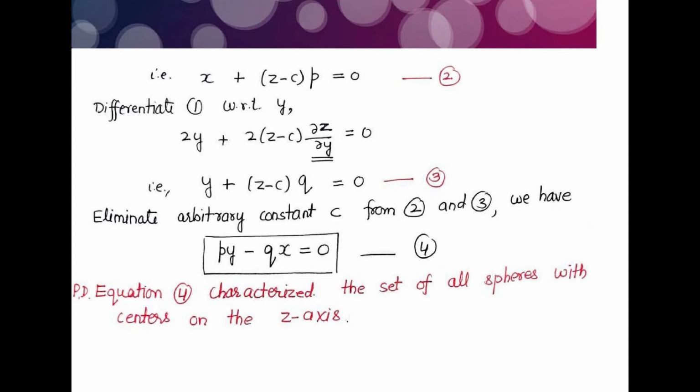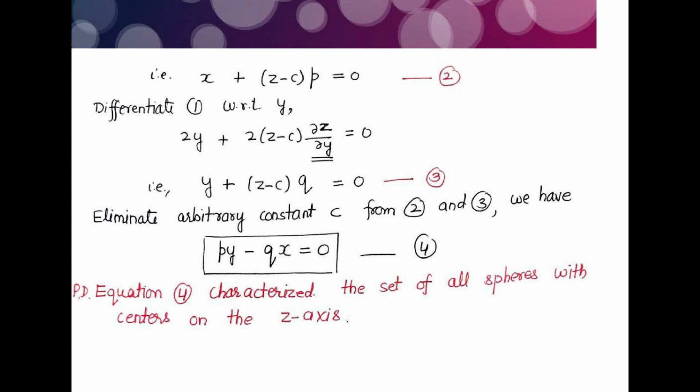Now you have equation number 2, equation number 3 and equation number 1 also. So using these three equations, you have to eliminate these two arbitrary constants a and c. You can use these equations the way you want. So just see equation number 2 and equation number 3. We have z minus c common.